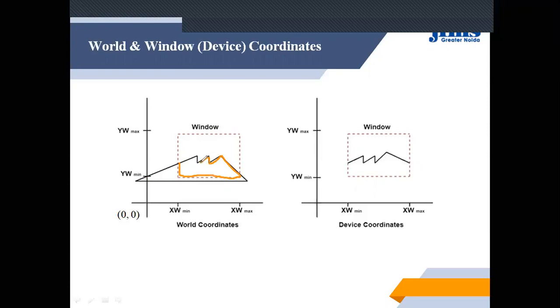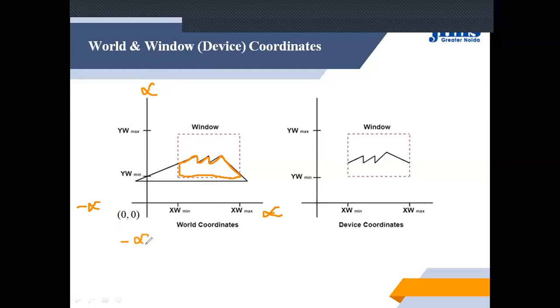The coordinates of the world are from minus infinity to plus infinity on the x-axis, as well as minus infinity to plus infinity on the y-axis.